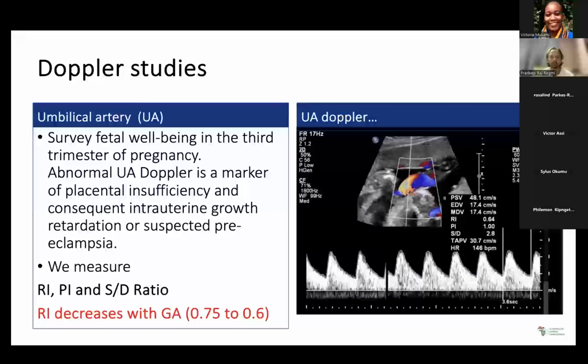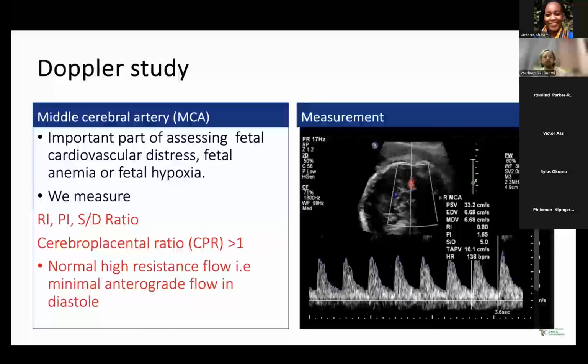So Doppler studies, I talked about them yesterday. AI can help with umbilical artery Doppler and automatically detect whether it is abnormal or normal, so that it can be alarming for the fetus, and the midwife can go for an early delivery. The middle cerebral artery is another Doppler study we commonly perform. This can also be integrated in our machine.